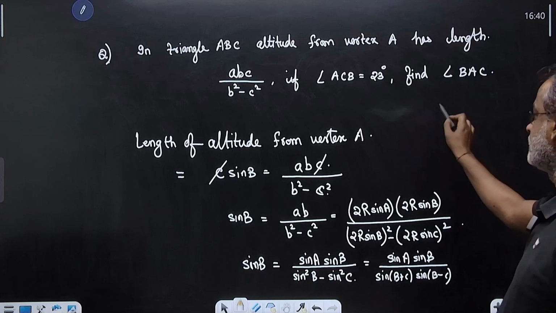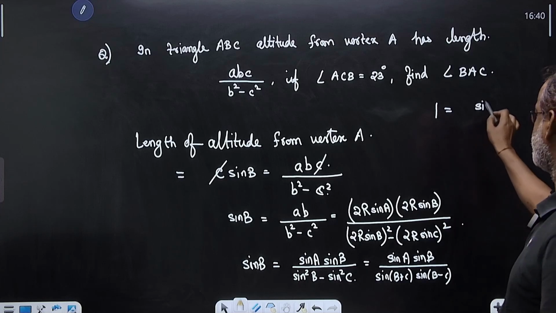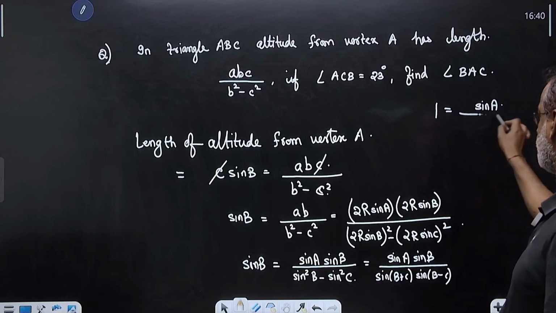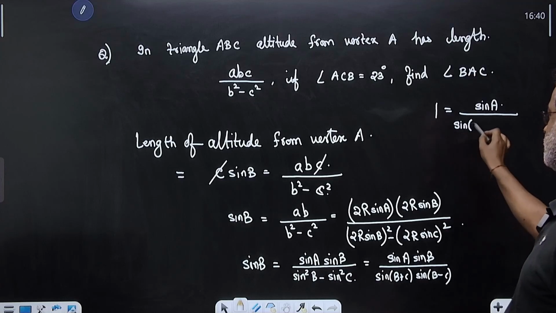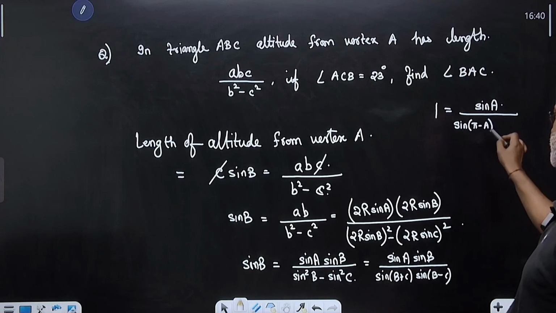What we are left with is 1 is equal to sin A upon sin B plus C. So, what is B plus C? Pi minus A.